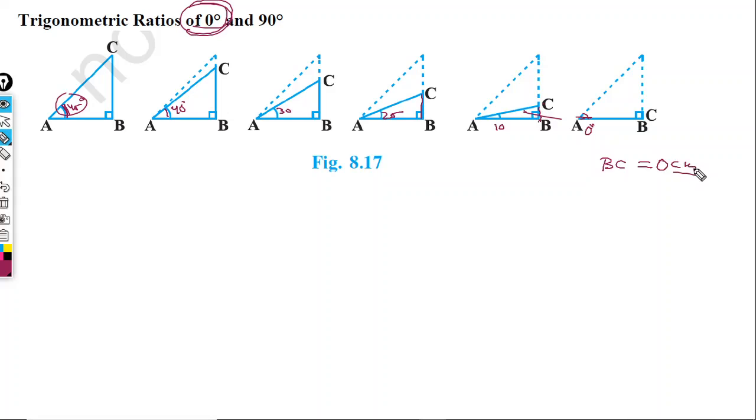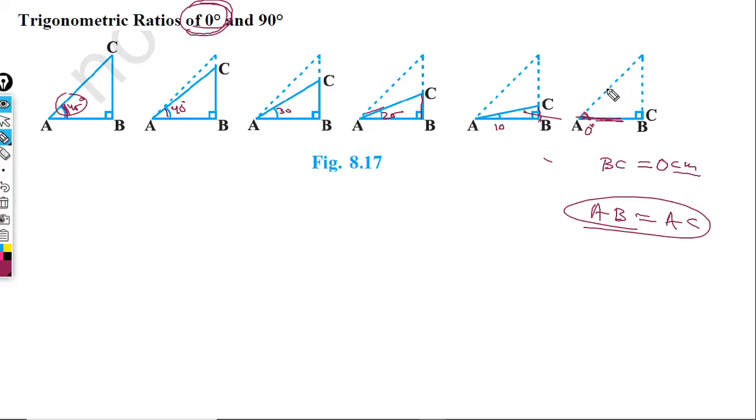And one another thing, who is AB? AB is the base. And who is AC? AC is the hypotenuse. Here the peculiar thing is AB equal to AC. AB is equal to AC in this figure when angle A equals 0.